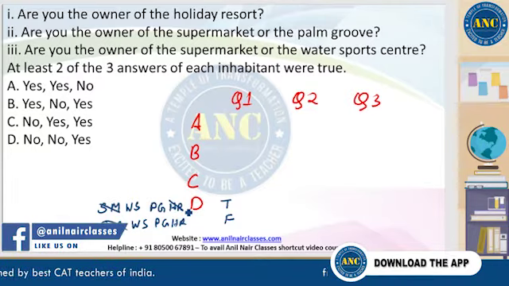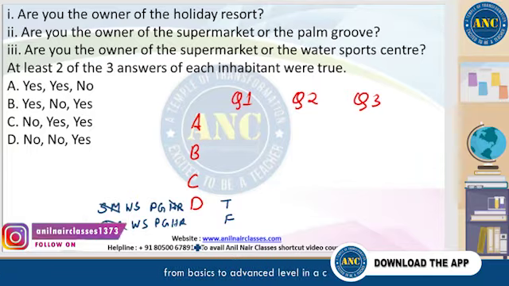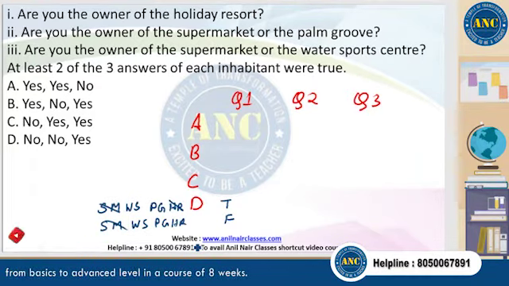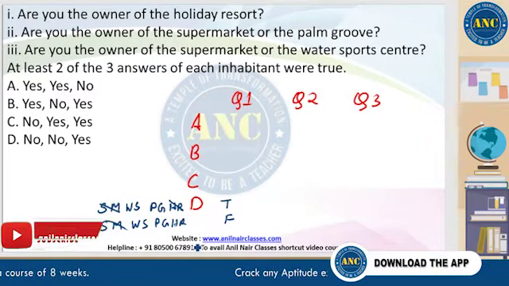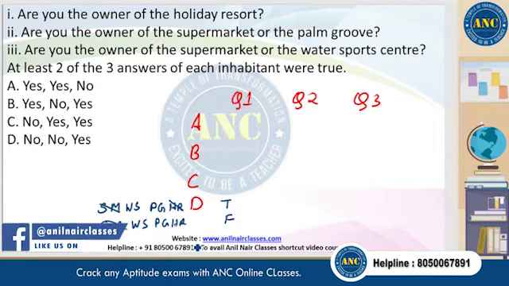The next statement, are you the owner of the supermarket? This guy is definitely not the owner of the supermarket, right? Are you the owner of the supermarket or the farm grove? He says no.